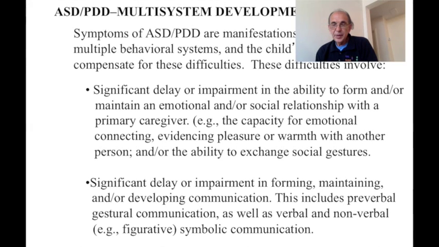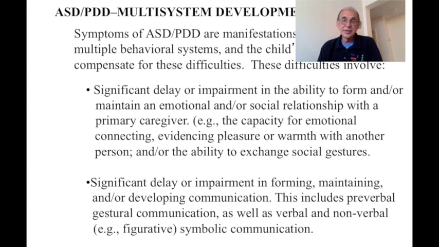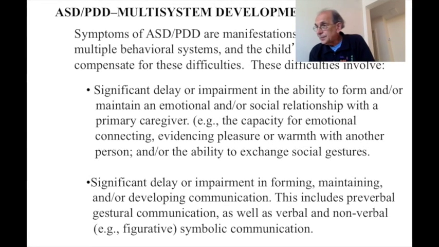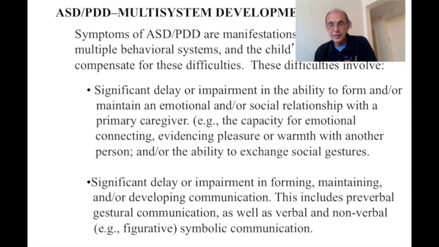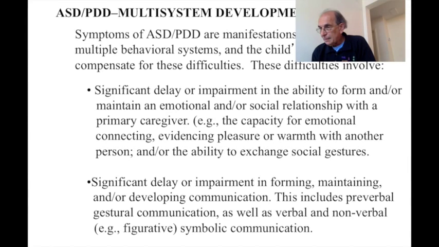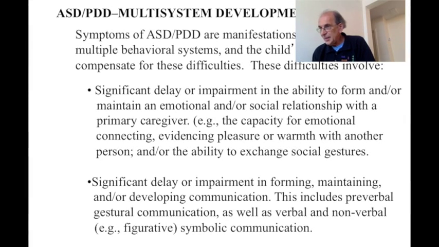However, Greenspan goes beyond the social and emotional component and identifies a second behavioral system that's involved, and he states: significant delay or impairment in forming, maintaining, and or developing communication.